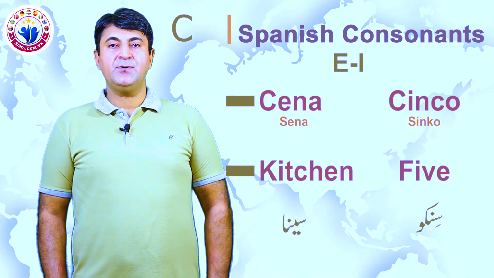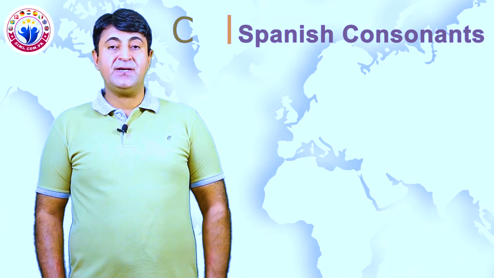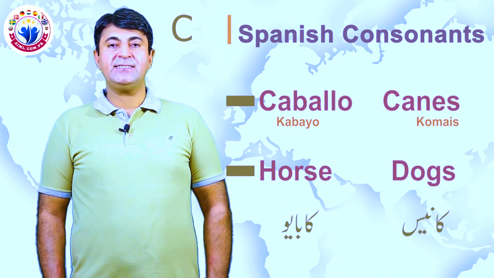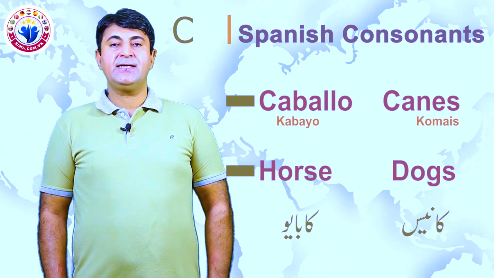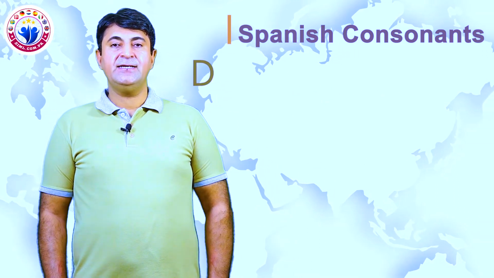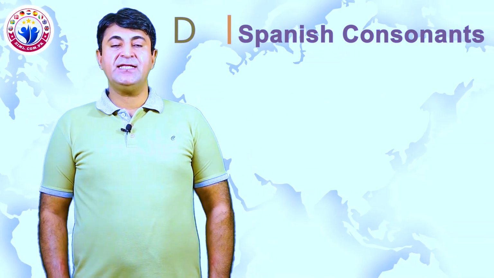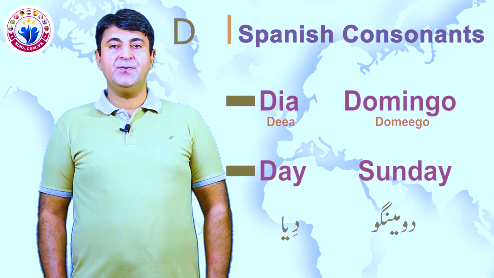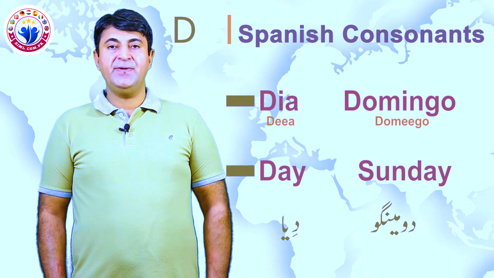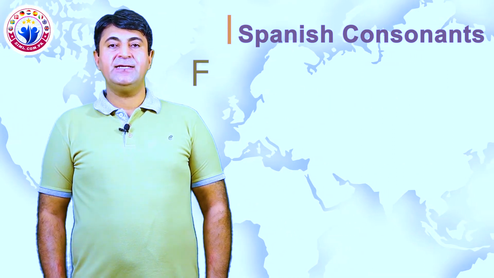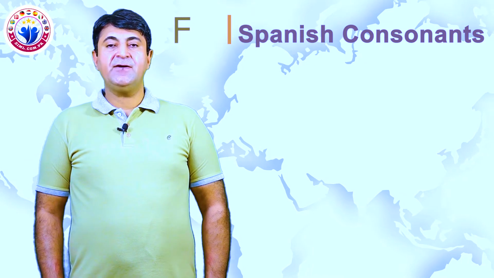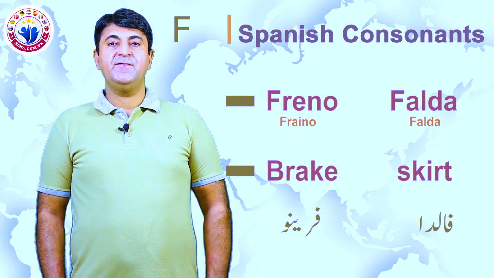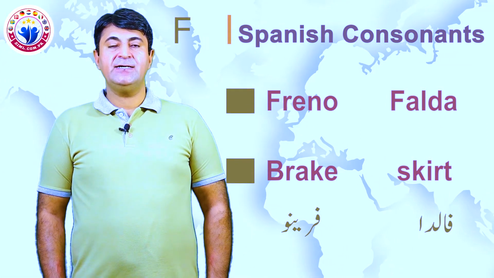Elsewhere, it is pronounced like K, as in caballo, carnes. D. This letter has a soft sound D, as in día, domingo. F. It is pronounced like F, as in freno, falda.